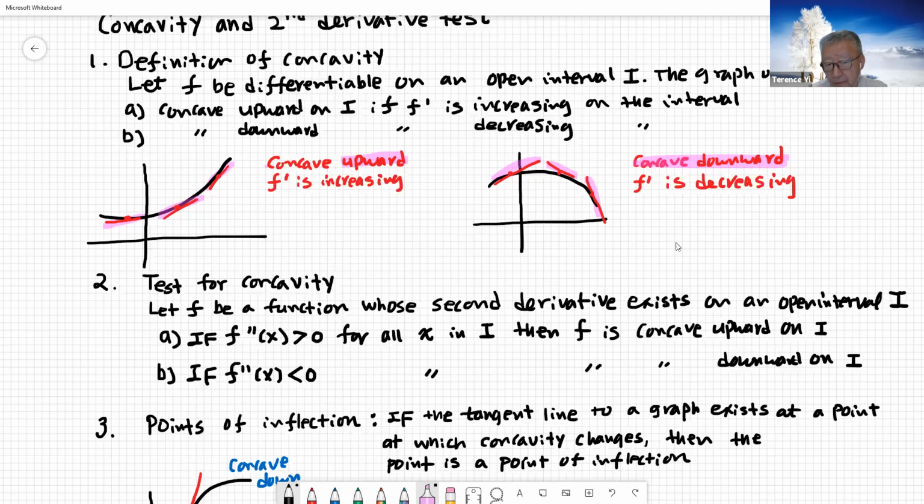When we talked about increasing and decreasing functions, the way we determined that was to find f prime of x, and then use that function to determine intervals using critical numbers, and find out which part of the graph is increasing and decreasing.